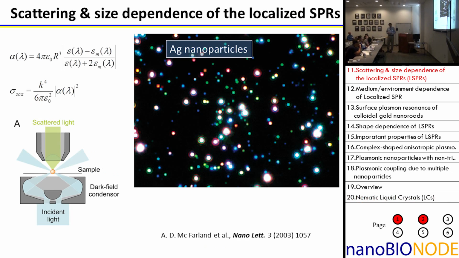This size dependence is important when you want to design or engineer some types of behavior or response in your applications. Now, the easiest way to observe plasmonic nanoparticles and this kind of size dependence that we just discussed is to look at them in dark field microscopy mode. In dark field microscopy, we have illumination through the so-called dark field condenser. What this means is if you have a source of light somewhere here, you then also have a block of light that prevents the direct light from coming into the sample that you study, right?